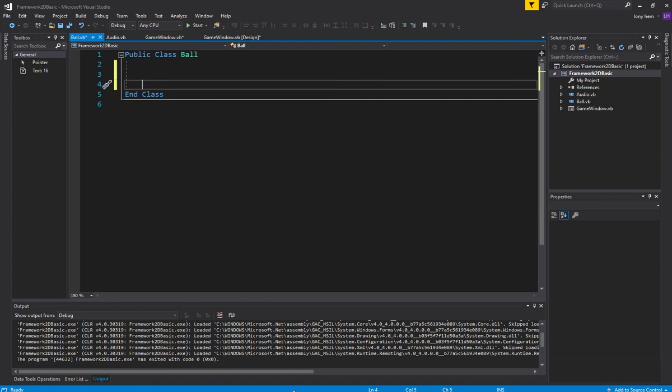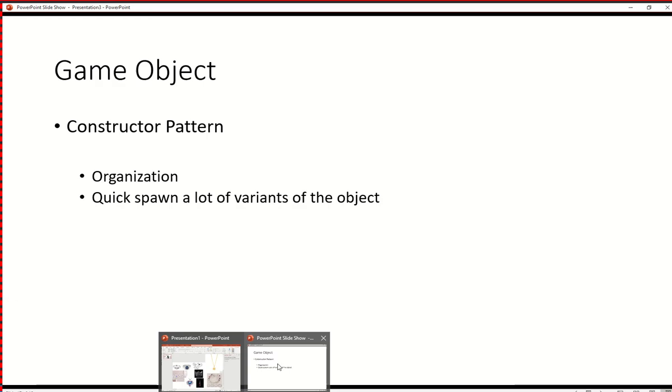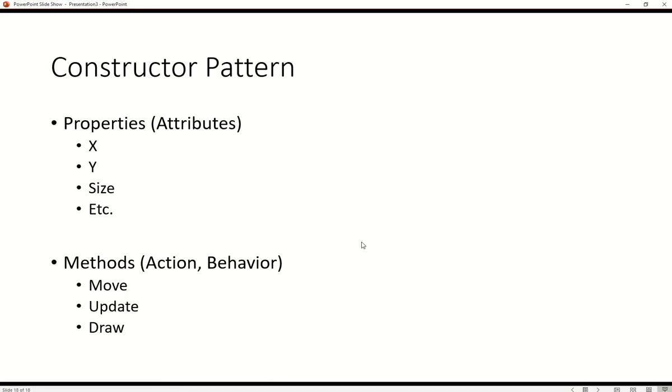Now here's the deal. Let me go back to our PowerPoint. The constructor pattern offers us a few things. It organizes our objects, and our objects will have two aspects to them: properties and methods. The properties are its attributes, like X and Y, size, color, things that you can set for it.